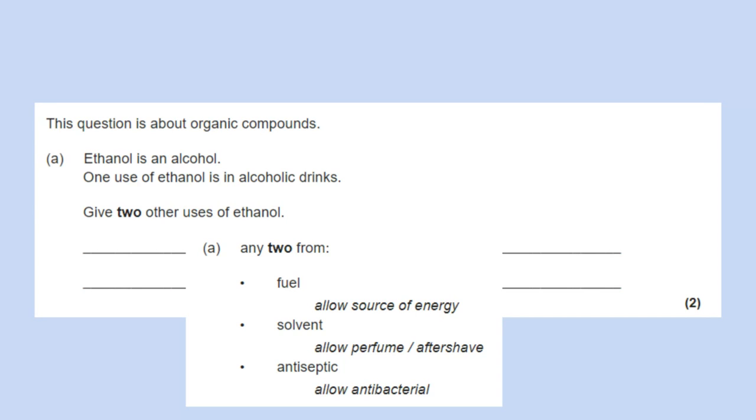I know that in my house we have 98% ethanol, which is not used to drink. That is very dangerous. It's actually used as a cleaning fluid. So you water it down with water, and you use it as an antibac cleaner for surfaces like in your kitchen or your bathroom.